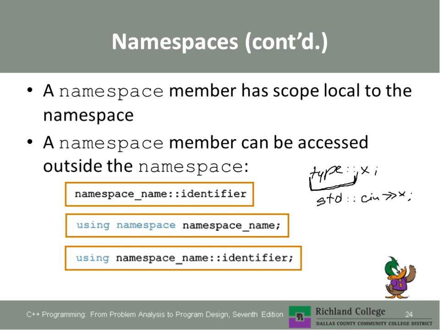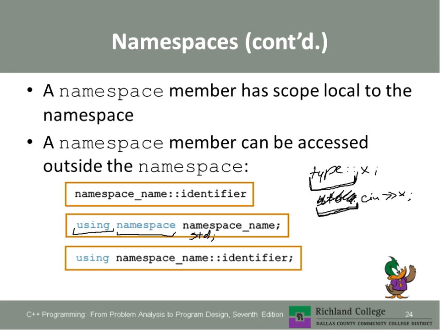Let's say we're reading into X. We're trying to say cin is in this namespace, and I think it's annoying to use that. So what did we do? We did using namespace, right? We did the keyword using and namespace, and then we did std. And after that, we did not have to use this std because cin is in std, and we told the code that every time I say cin, it is in the std room.